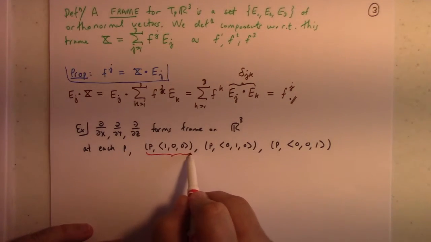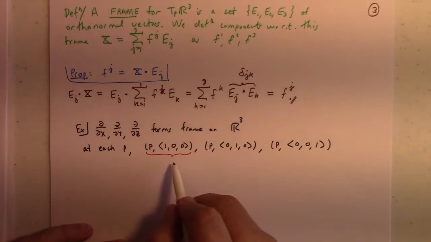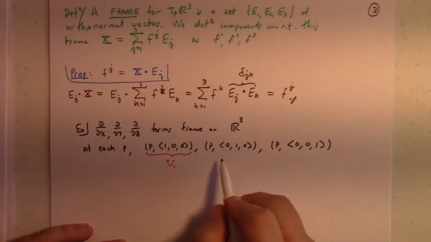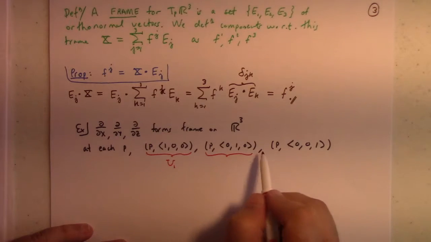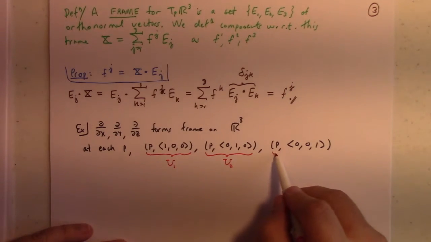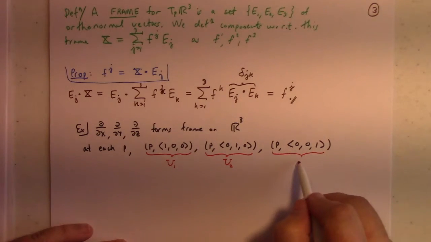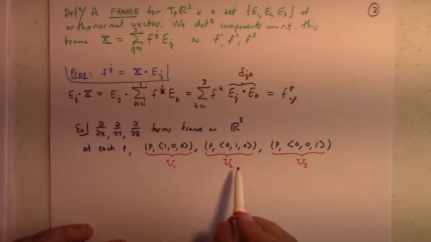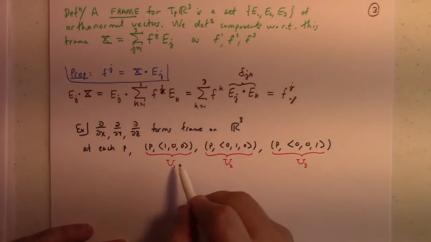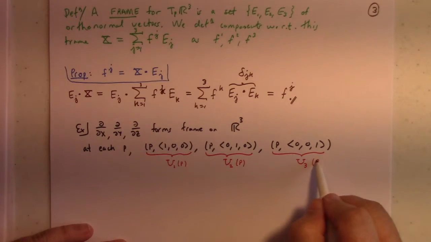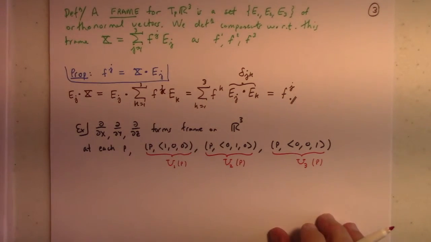So you should be aware that there are some identifications which are made, some really isomorphisms between notations, which are utilized, sometimes without saying sorry for that, but it's how I was raised. So this would be U1, U2, U3. If you want me to be more pedantic about it, it's U1 at P, U2 at P, U3 at P, but I try not to write the P unless it really matters because it gets really old.